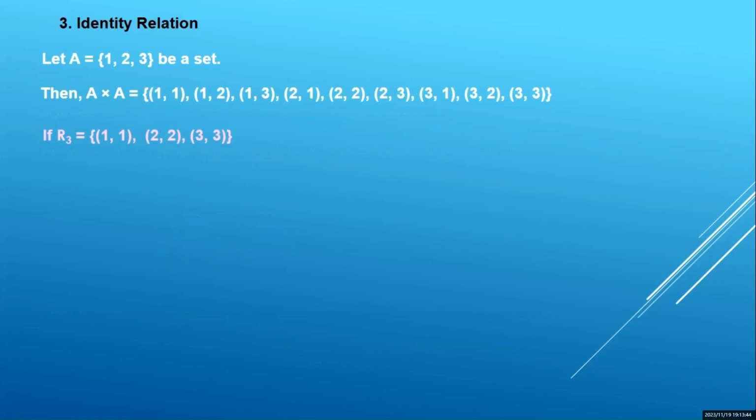And suppose there is a relation R3 = {(1, 1), (2, 2), (3, 3)}. 1 is mapped to 1 only, 2 is mapped to 2 only, 3 is mapped to 3 only. This is R3.